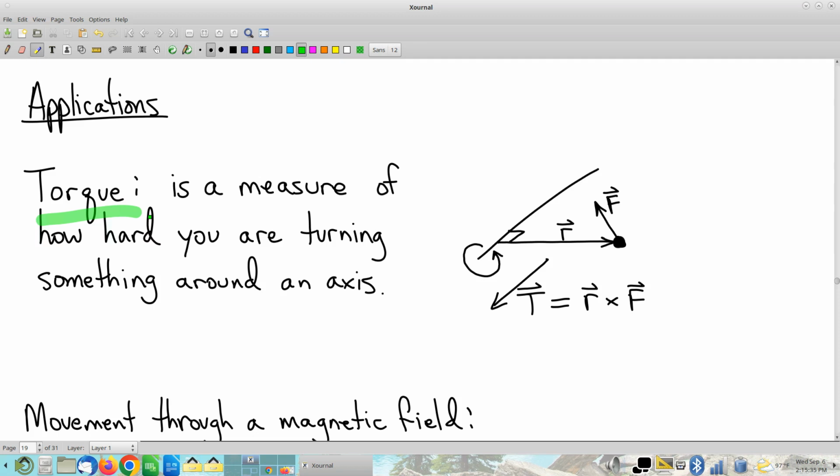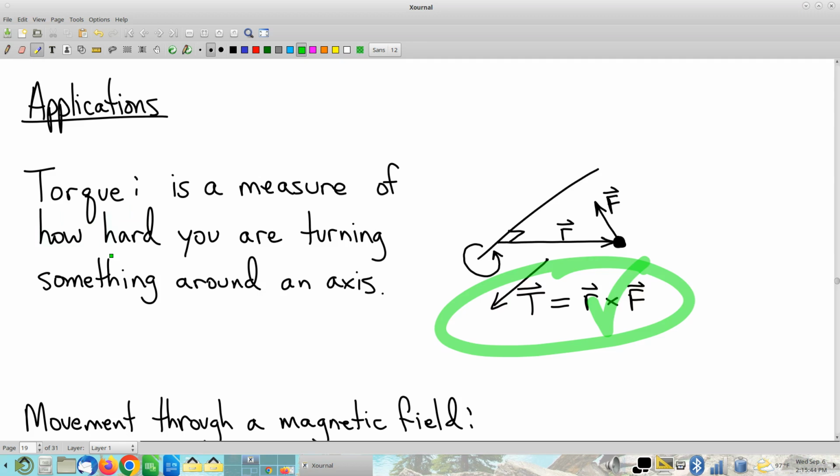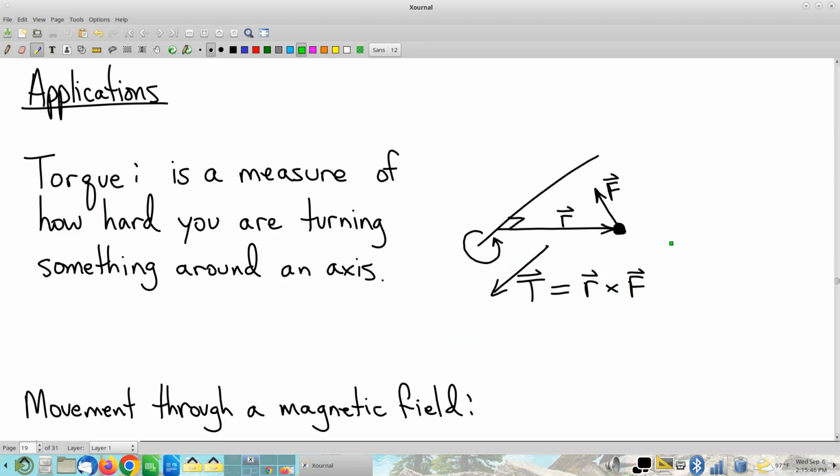And notice the formula for torque involves a cross product. Again, this isn't a physics class, and I don't want to go off into the physics details, but the cross product is very relevant there.